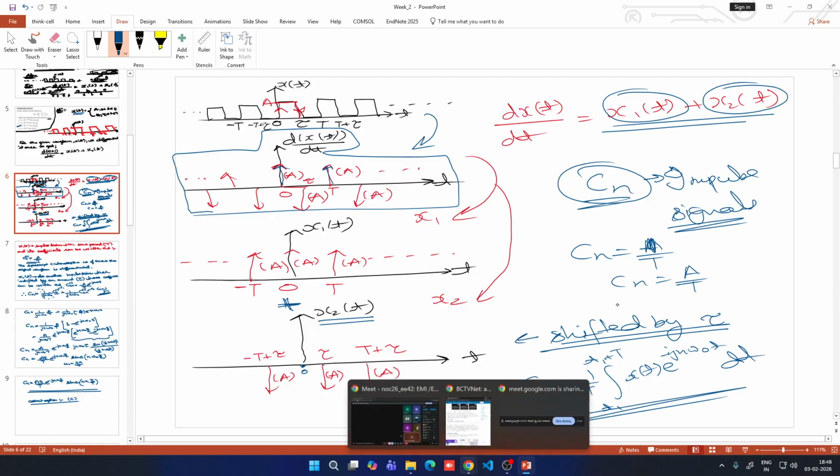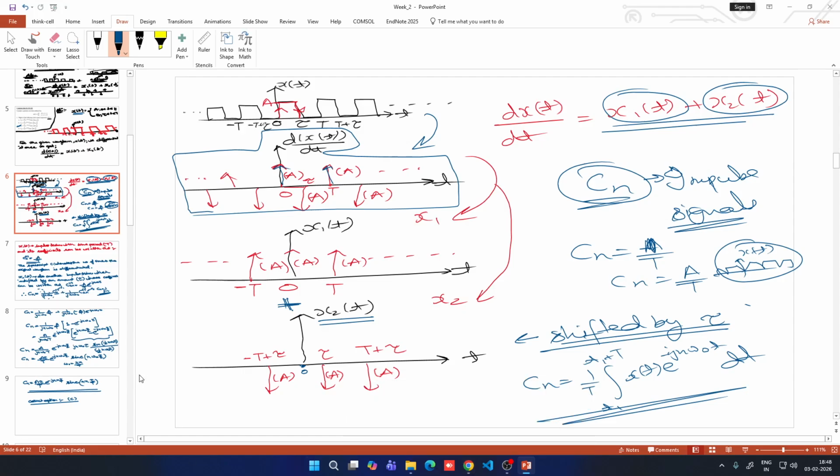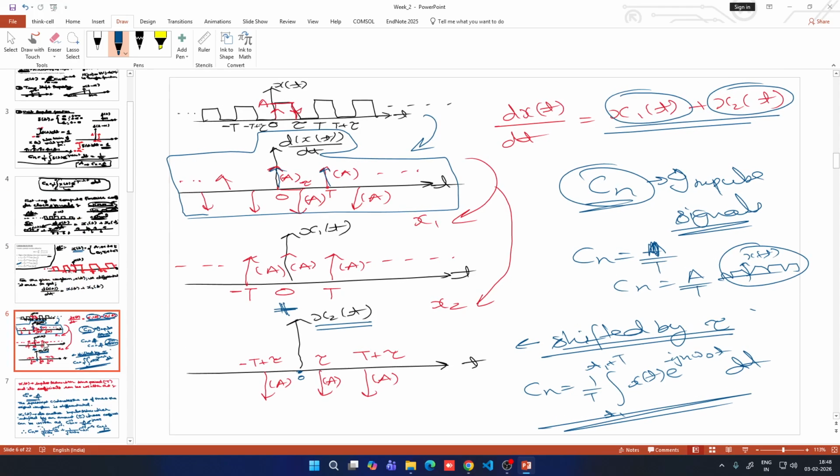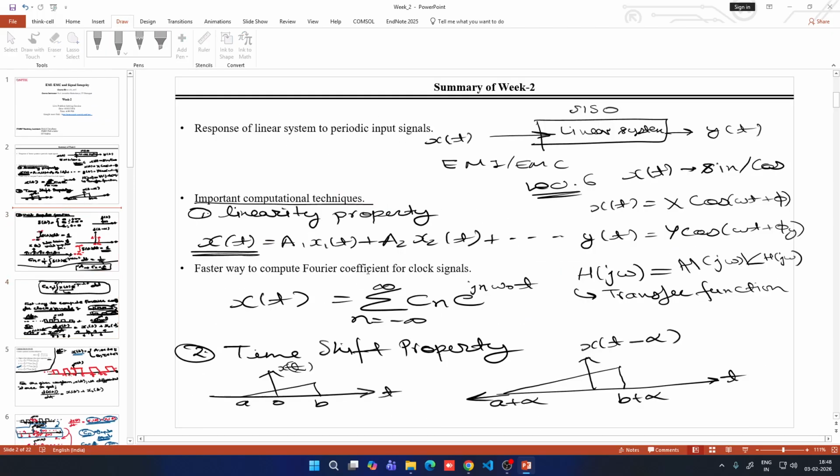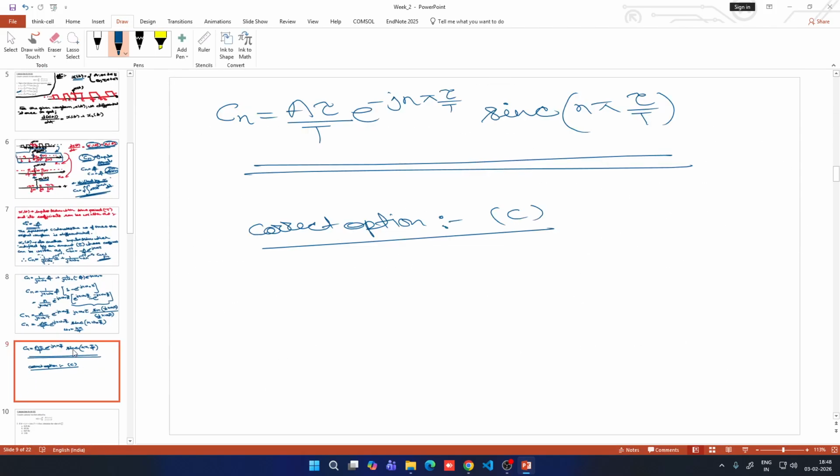But what if x of t is complex, something like this? Then it becomes very difficult. That's why we are using this algorithm as a faster way to find the Fourier coefficient for this clock signal.